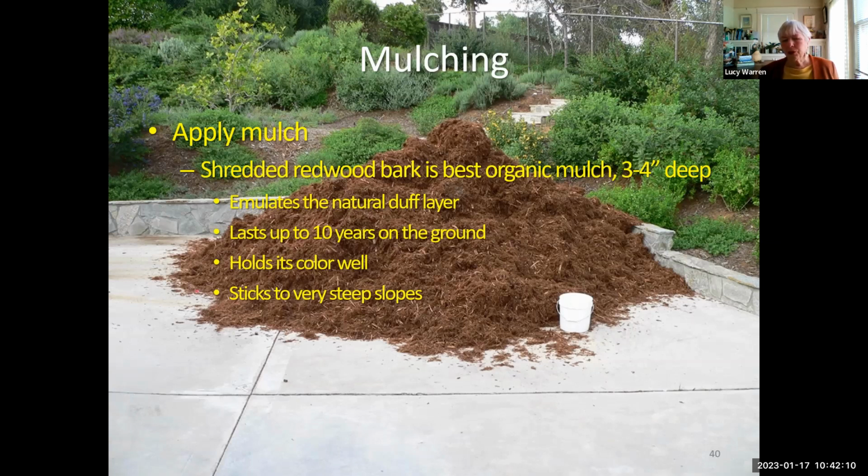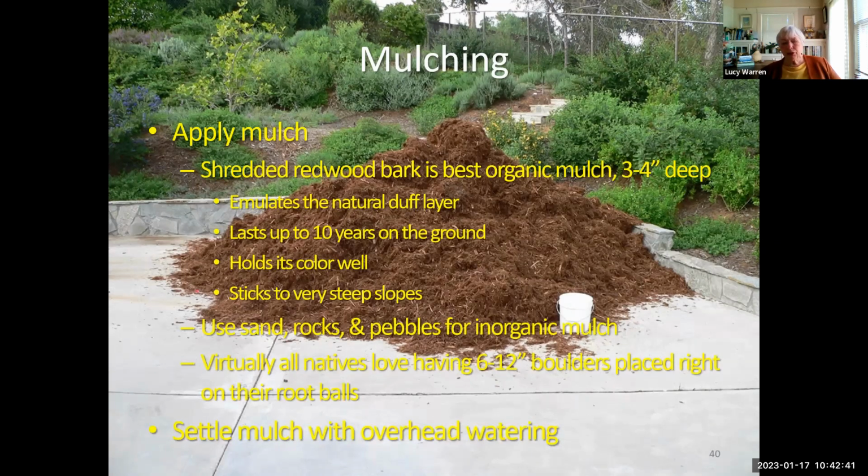It does hold its color well, but eventually it'll look more like the soil color than this kind of red color. And it sticks to very steep slopes because it's shredded. It's not cut like a lot of the mulch is. It's actually shredded, and these fibers from the shred mat together and will help to hold the slope while the plant roots are getting established.